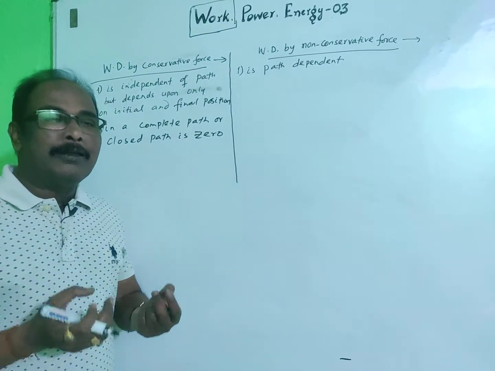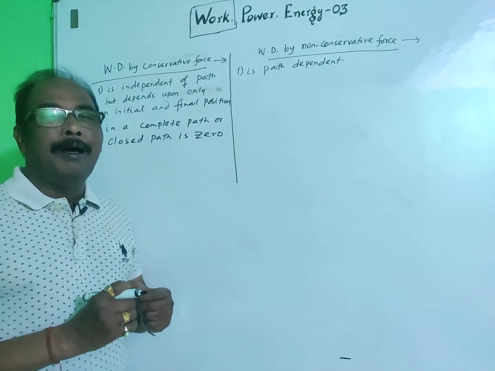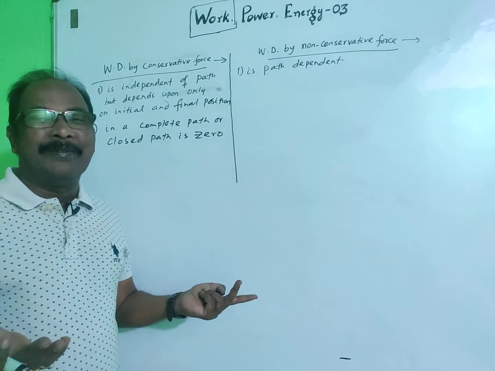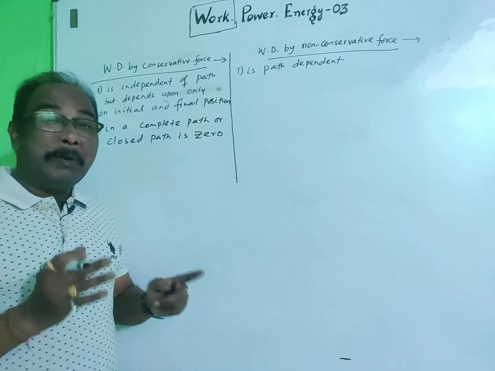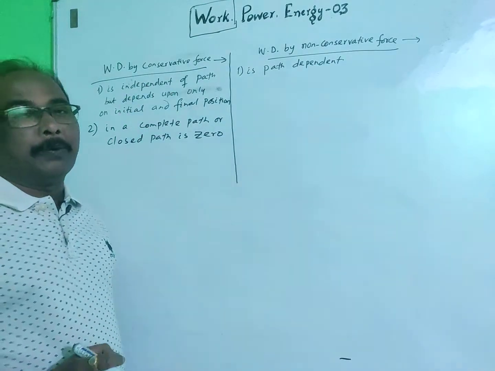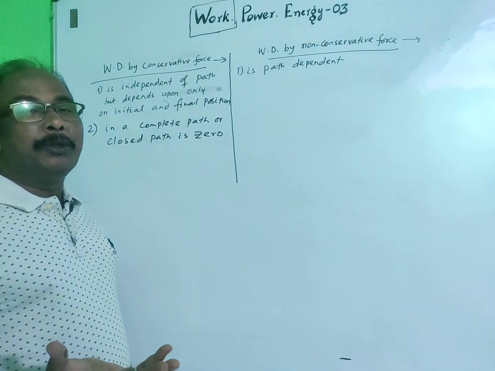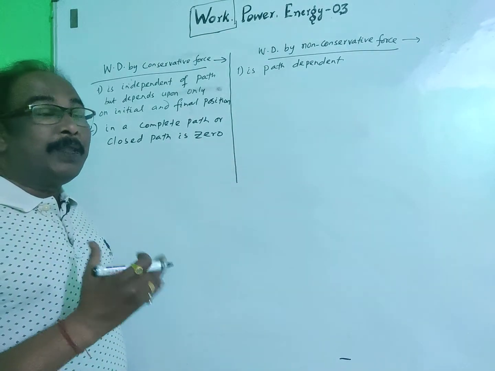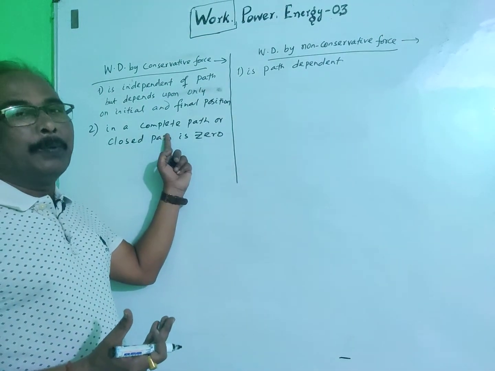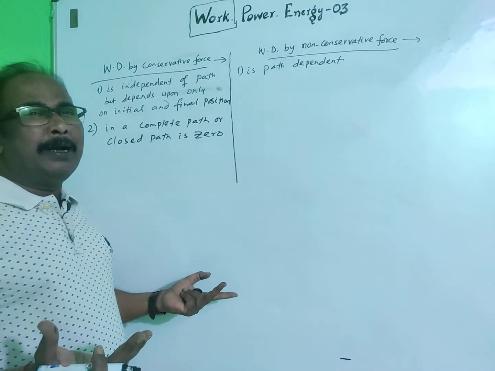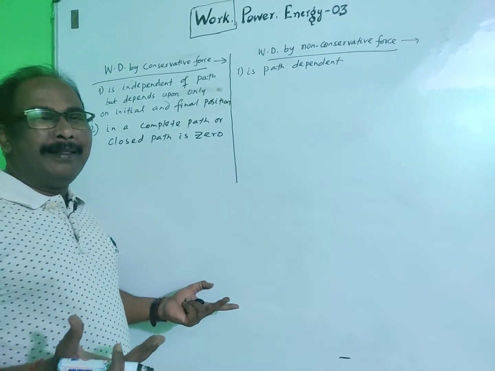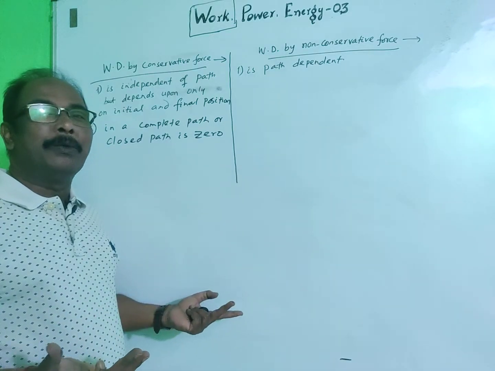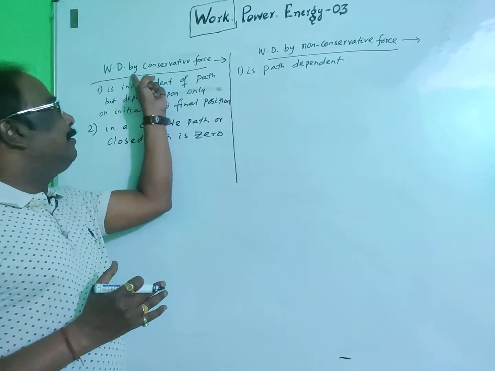Means the body starts from initial position and again comes back to initial position. Means both initial and final positions are the same. So if work is done by conservative force, then work done is 0. So work done in a complete path or closed path is 0. It means if initial and final point are the same, then there is no displacement. Means if displacement is 0, then work is 0, if work is done by conservative force.